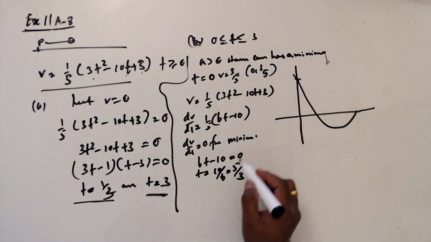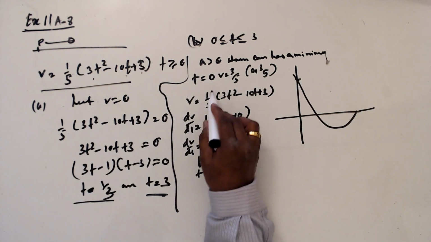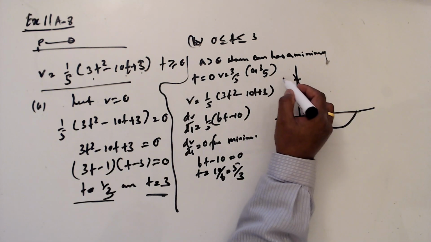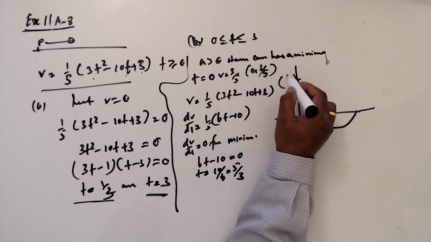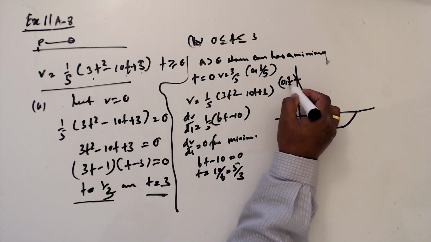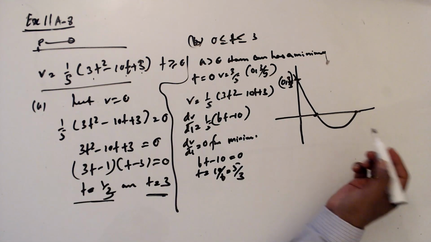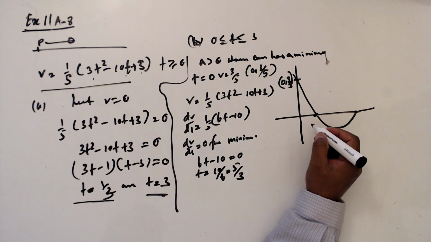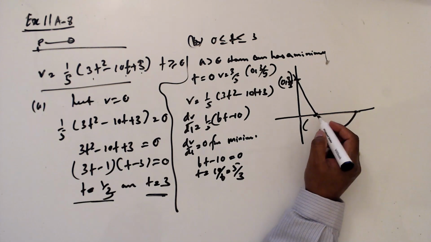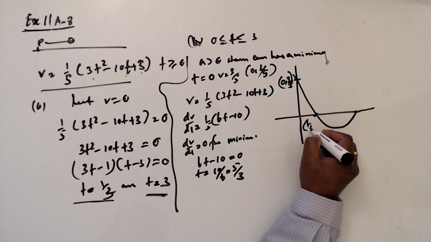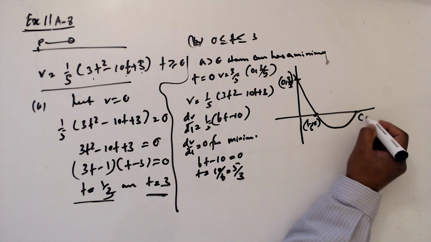We found this value is 0, 5 by 3, 3 by 5, and this is 1/3, 0, and this is 3, 0.